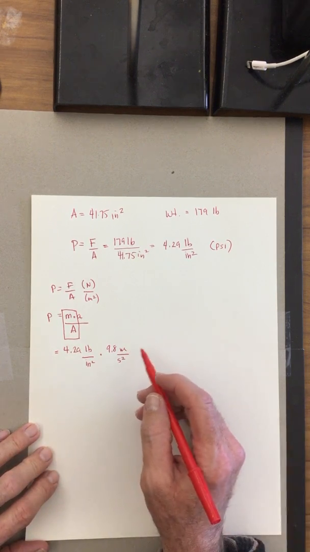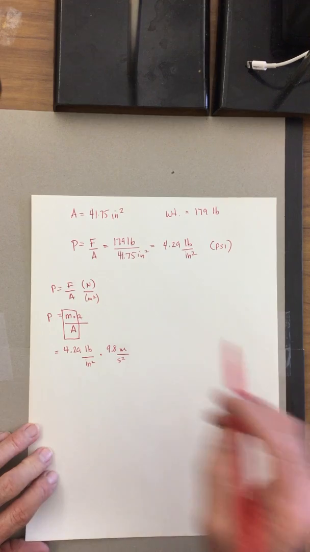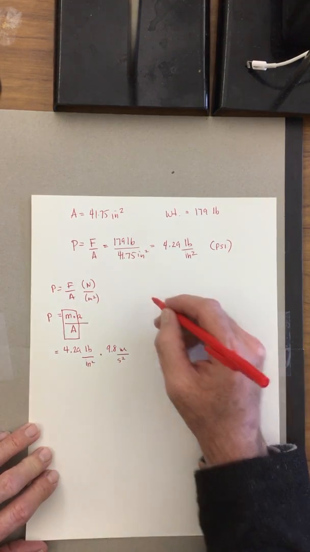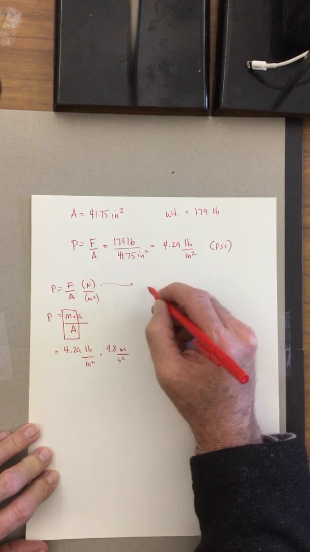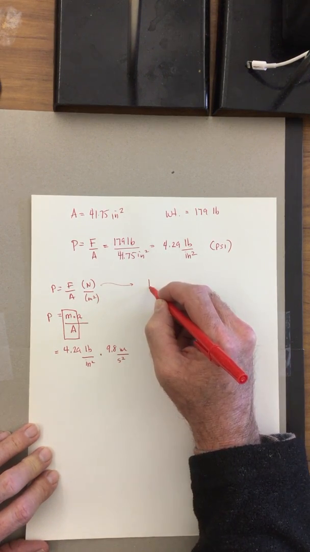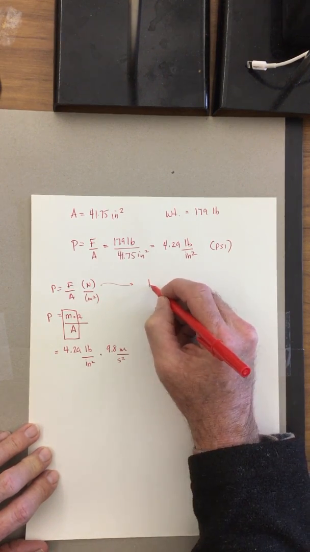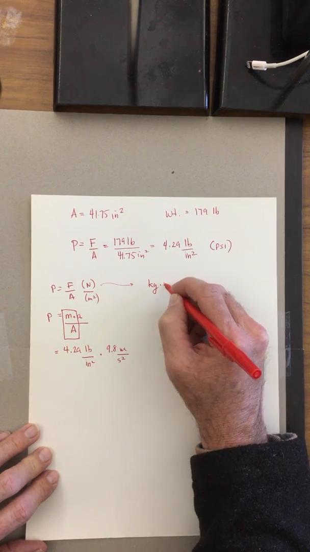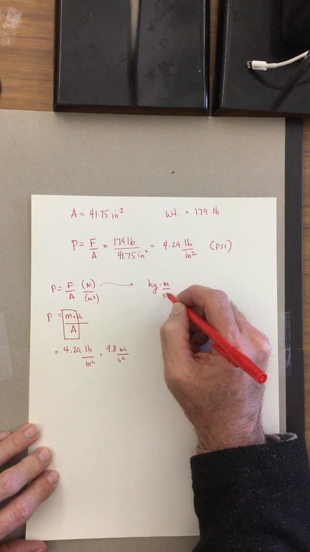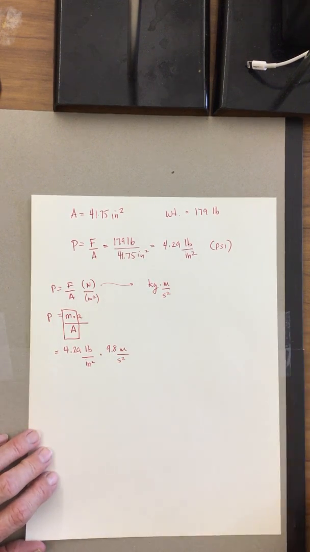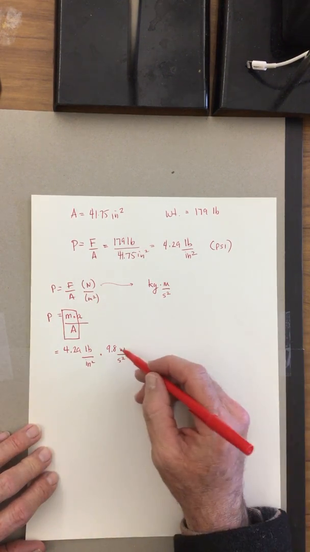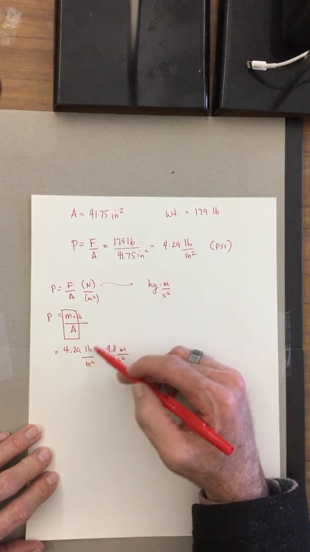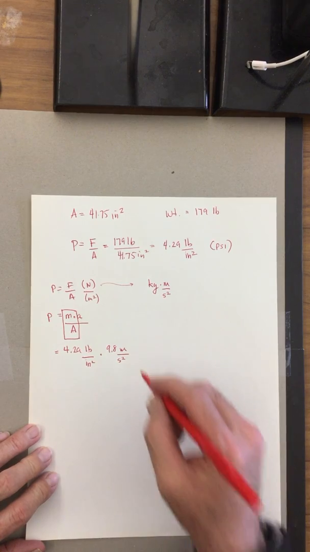So let's remind ourselves also of what a newton is. A newton is, again, mass times acceleration. My mass is measured in kilograms, and acceleration is measured in meters per second squared. Well, we already have the meters per second squared. We just need to get the kilograms.